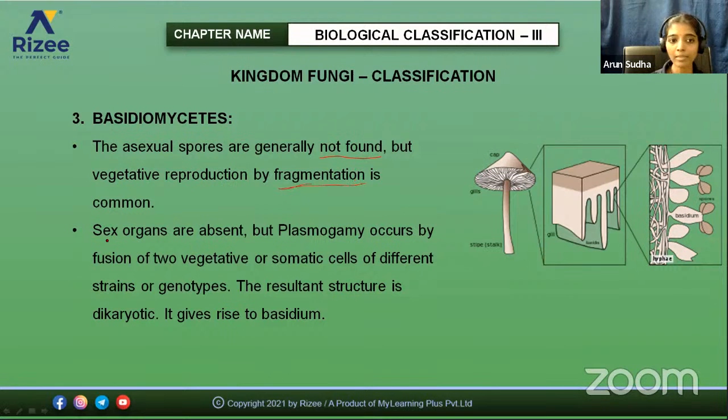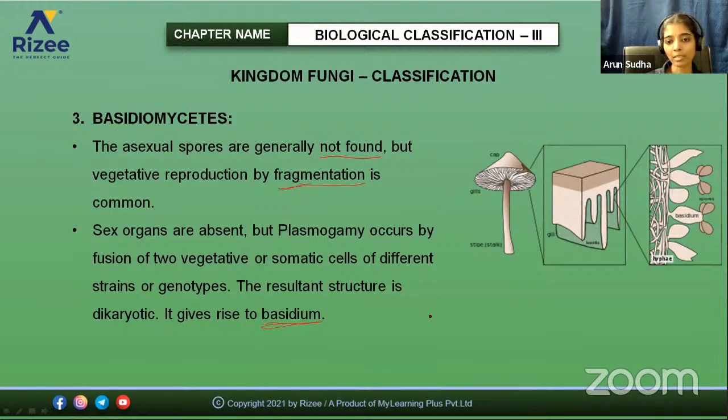And here the sex organs are absent, but plasmogamy occurs by fusion of two vegetative or somatic cells of different strains or genotypes. The resultant structure is dikaryotic, and it gives rise to the basidium. So they form basidiospores, and the fruiting body is called the basidiocarp.